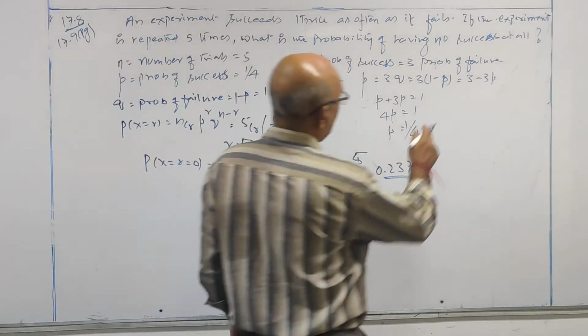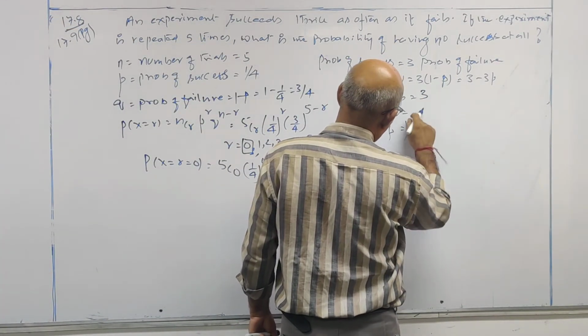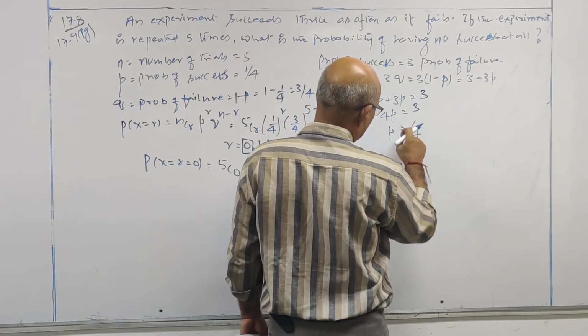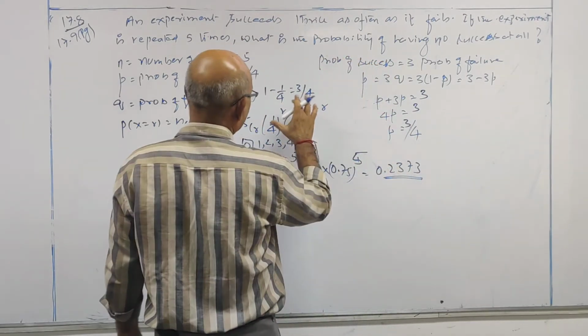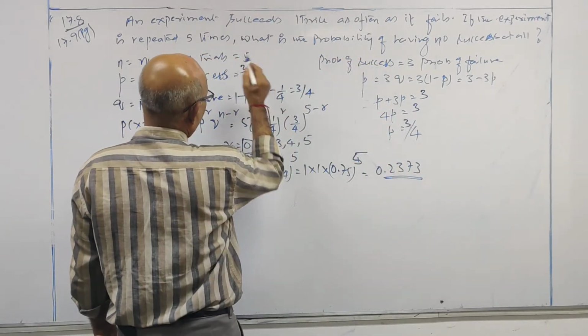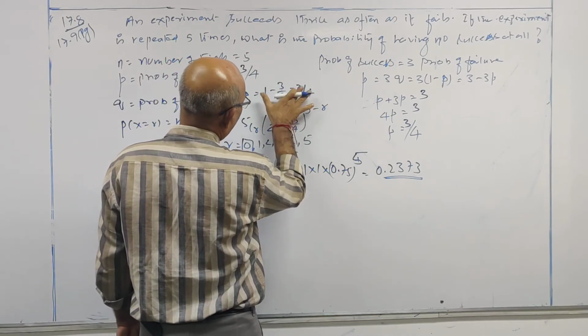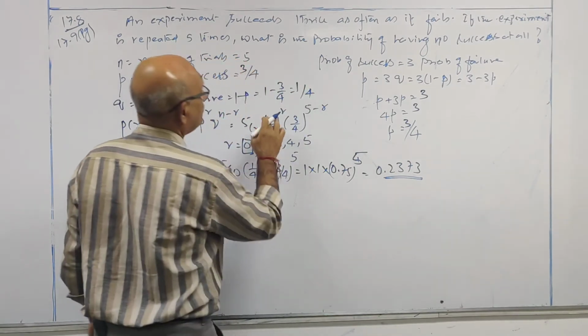Oh, it is 3, sir, sorry. So 3 by 4. P is equal to 3 by 4, Q is equal to 1 by 4.